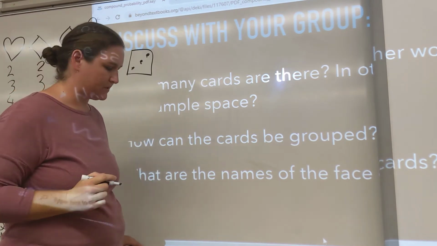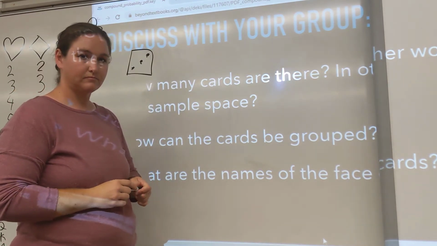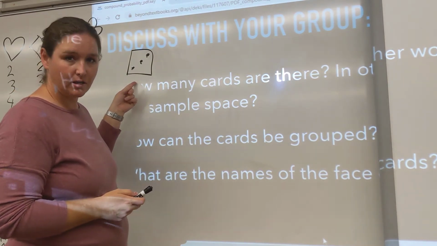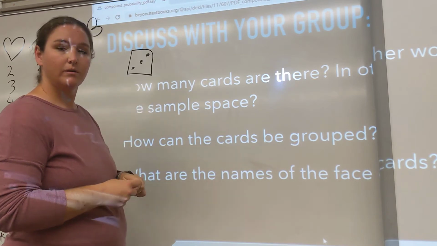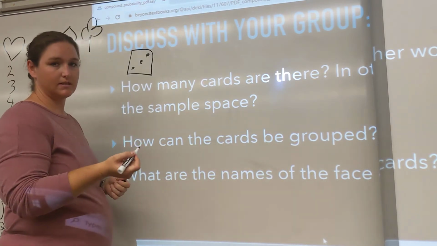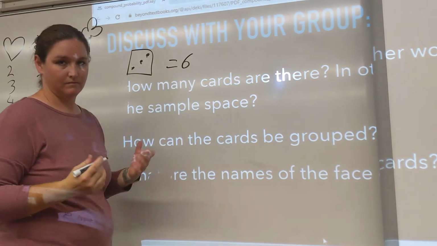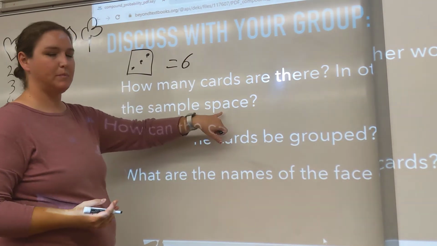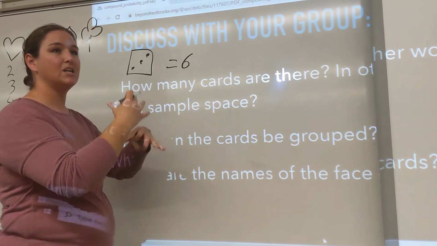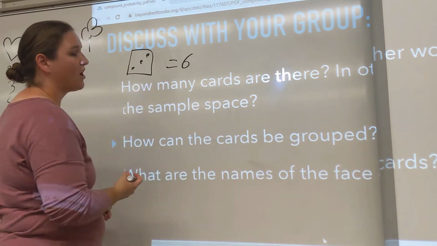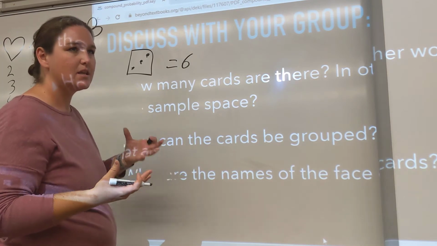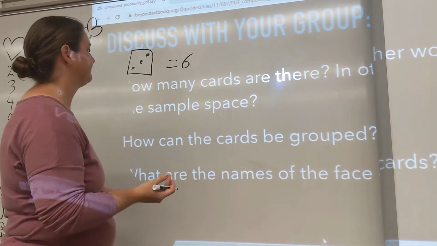What would our sample space be for this? How many numbers are there? Well, there's 6, right? Because there's 6 sides to a dice. Well, at least on a 6-sided dice. That is our sample space. That's how many things there are, how many opportunities for a different answer.